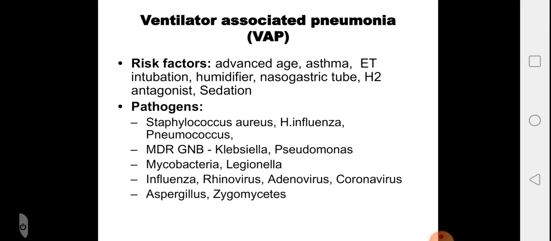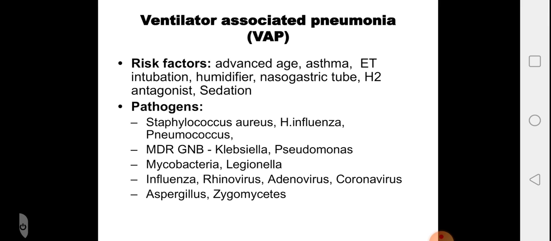The humidifier present in the mechanical ventilator and the ventilatory circuits are sources of infection. The nasogastric tube which is inserted to feed the patient is a source of infection, and certain prophylactic measures like H2 antagonists given to cure the stress ulcers which develop will raise the gastric pH and allow the bacteria or pathogens to grow, which can be the source of infection. And sedation medications will inhibit all the reflexes and can be a risk factor for infection.